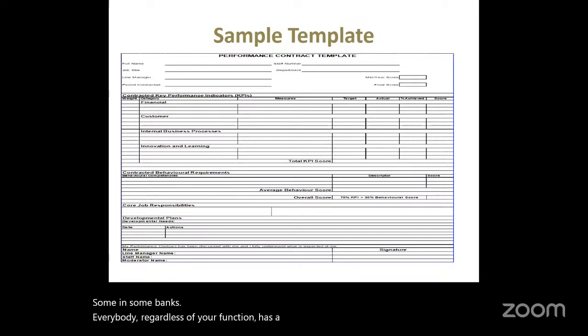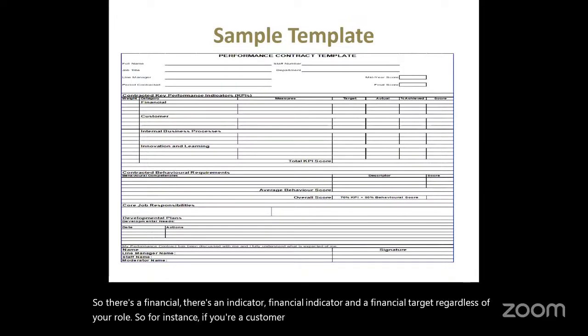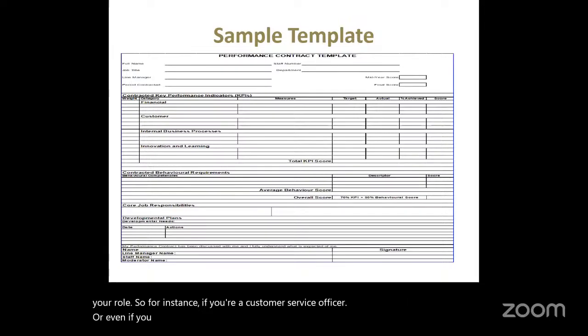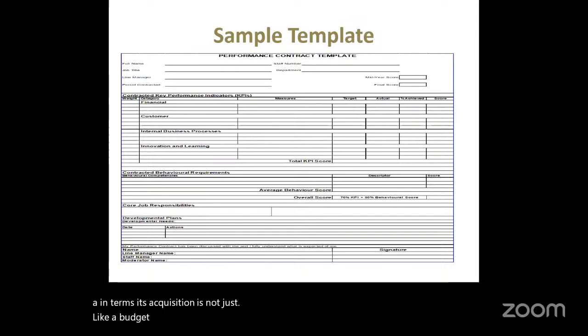So there's a financial indicator and a financial target, regardless of your role. So for instance, if you're a customer service officer, or even a credit officer, you have a financial target. And that financial target is acquisition. It's not just like a budget variance or cost control, but it's actually money that you bring in.